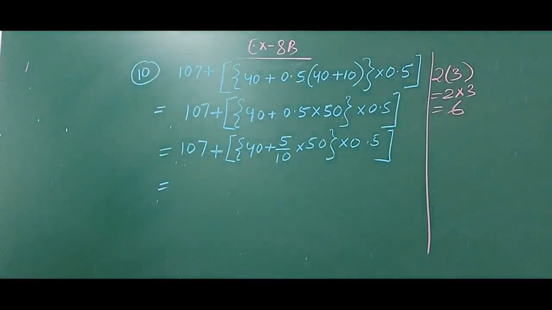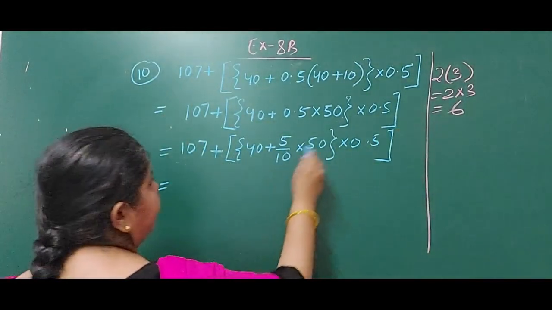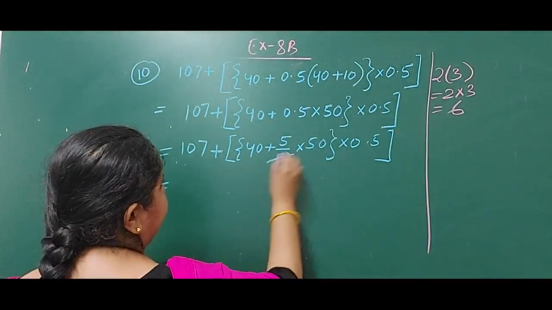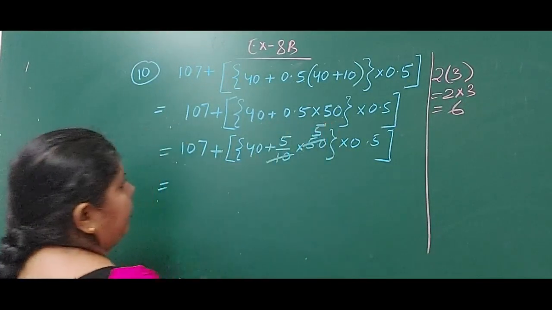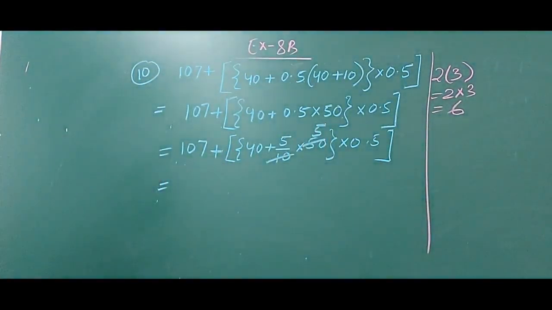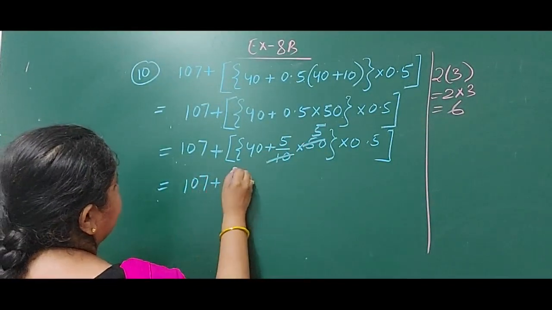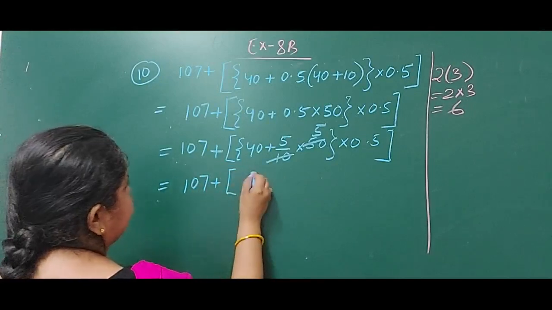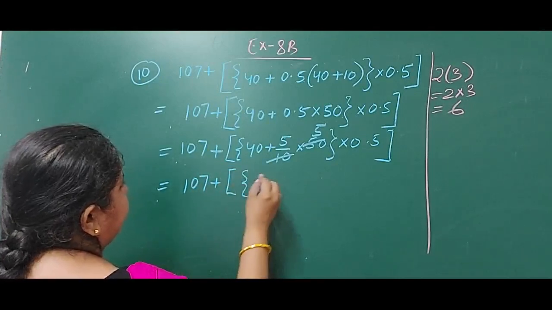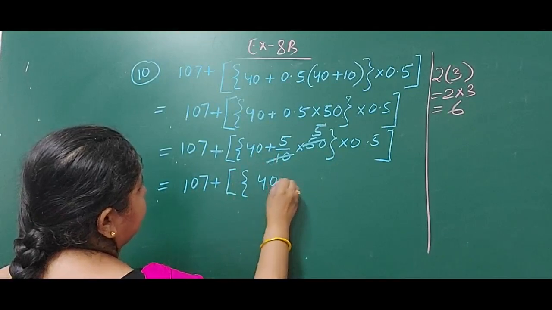Now here 10 and 50 can be cancelled out very easily. 10 times 5 is 50, it has got cancelled. Now what you will get, 5 into 5, that is 25. So 107 plus square bracket open, inside the curly bracket you write 40 plus 25.